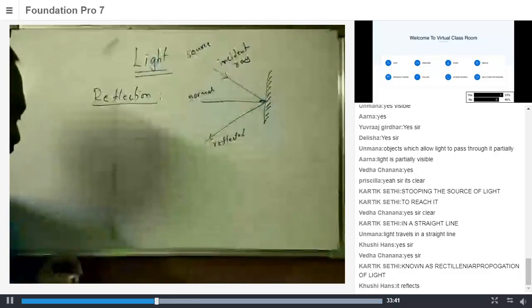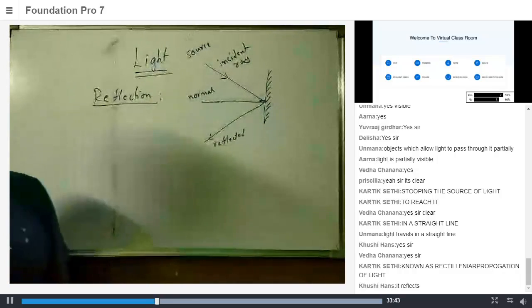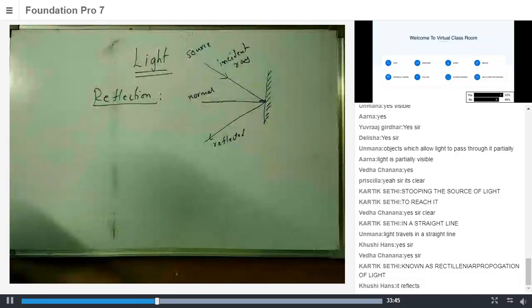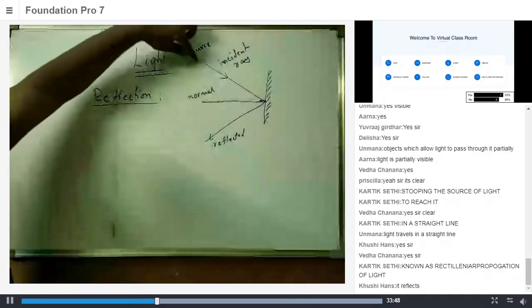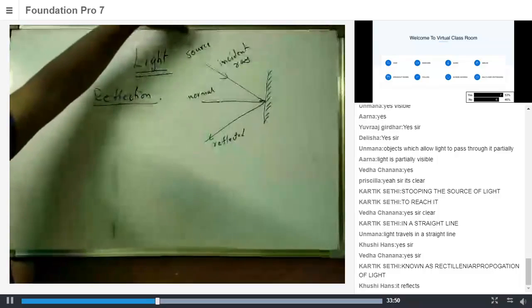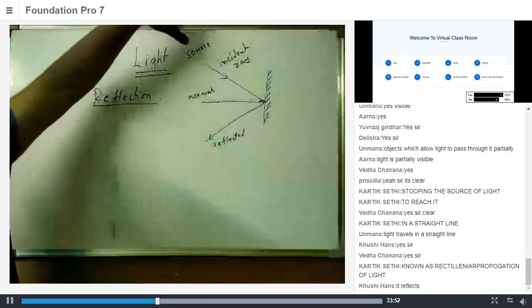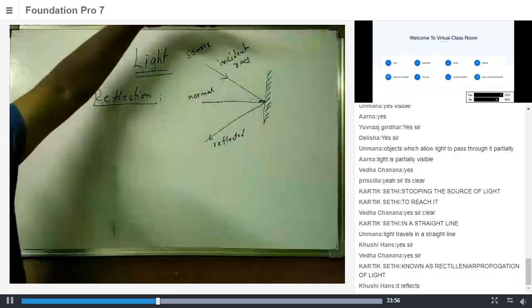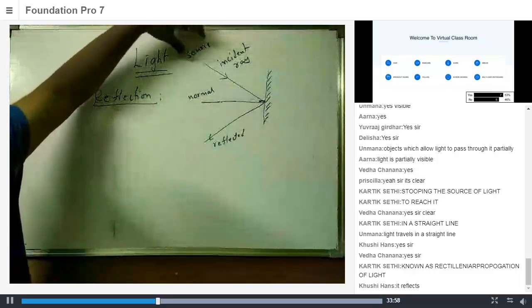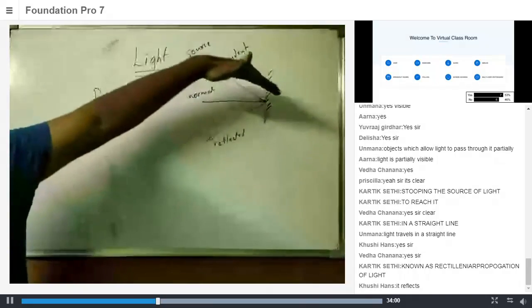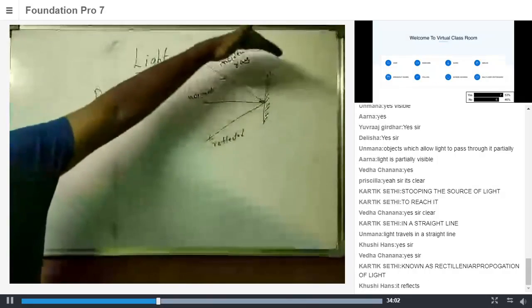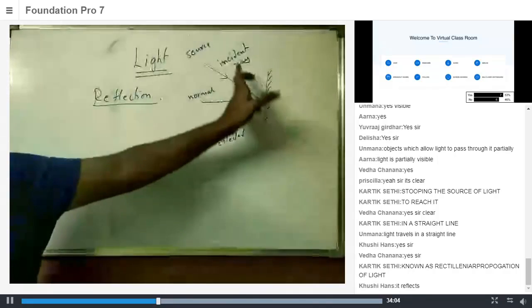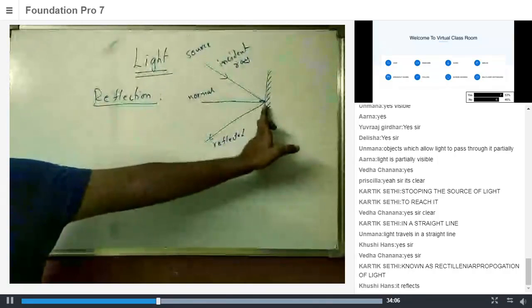Fine. So to understand this reflection, we define a few terms. I hope all of you know what a light ray is. A light ray is a line traced along the path of the light, from the source. This is how the light is falling on this reflecting surface. Now this one is called the incident ray.